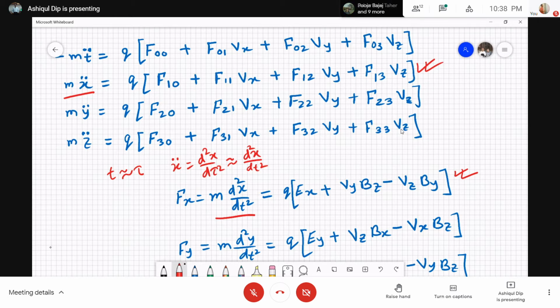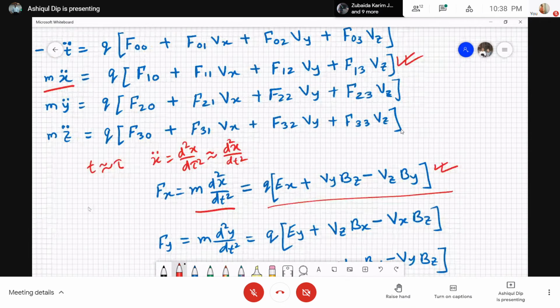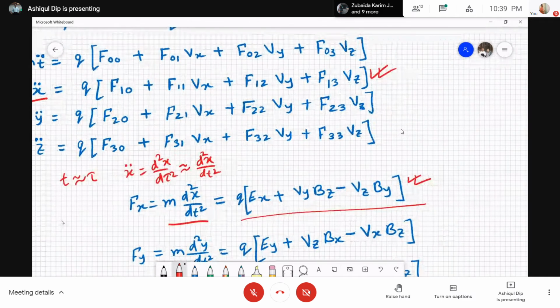Now compare this thing with the above one. So Ex is a free term, it doesn't have any velocity component explicitly. So what should it equate to? f10. So let's write down the result. f10 equals Ex.